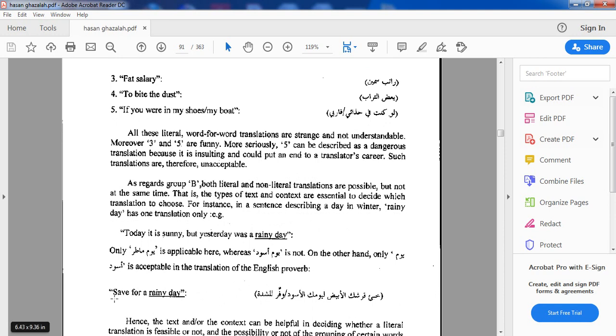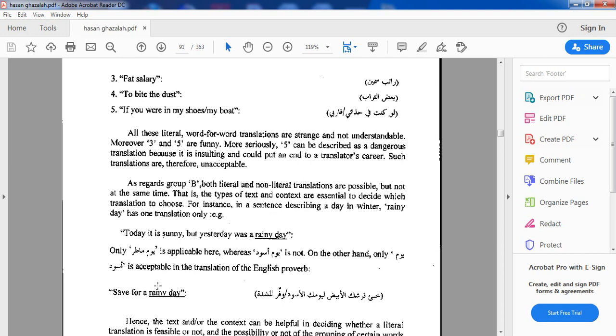But in this sentence, "save for a rainy day", literal or direct translation is not acceptable. خبئ قرشك الأبيض ليومك الأسود أو وفر للشدة.